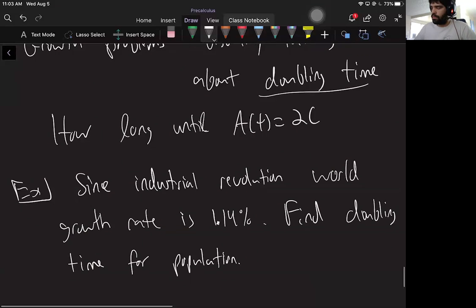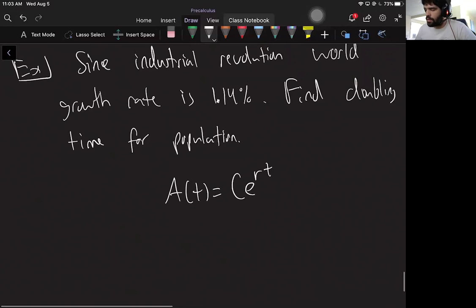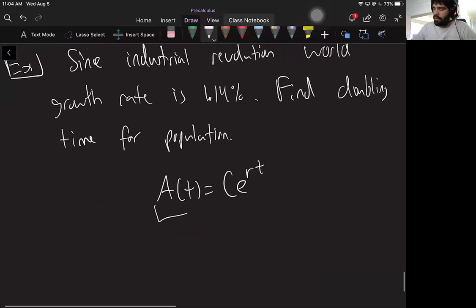So in this situation, we are using our little growth model to model population amount. We're still using this equation, but now this amount is not an amount of bacteria, it's a population after some amount of time has passed.